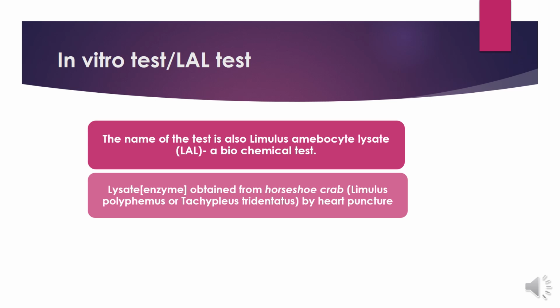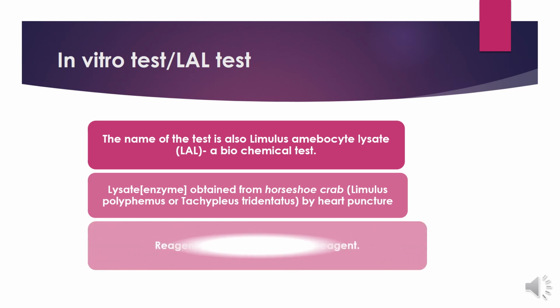Lysate is basically an enzyme which is obtained from the horseshoe crab, named Limulus polyphemus or Tachypleus tridentatus, by heart puncture. And in this way, we are preparing a reagent that is used in this test, which is called the LAL reagent.